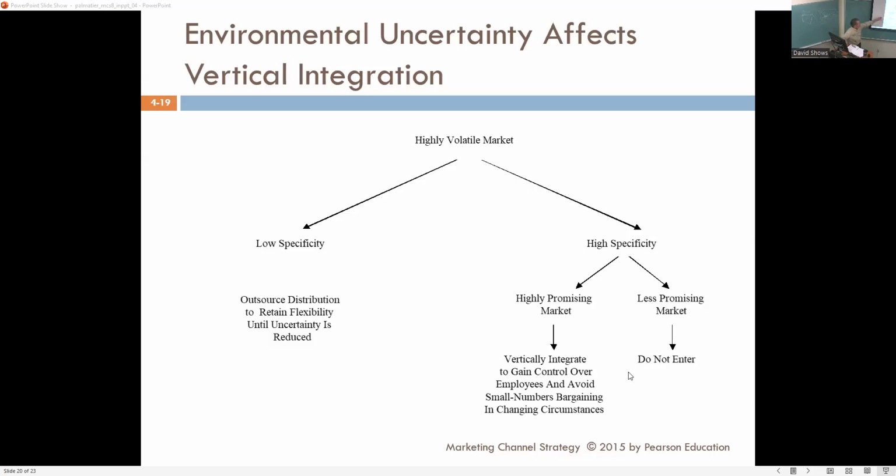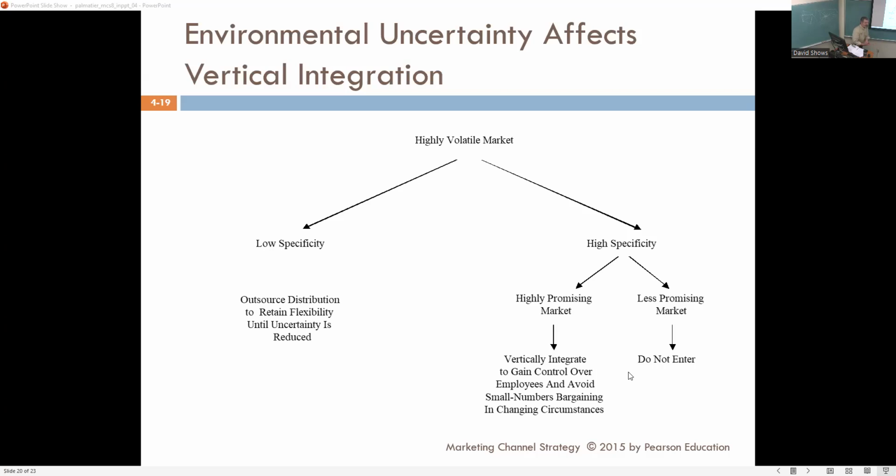So, with a highly specific product and a promising market, a new place to put their sales, they want to integrate, because in an uncertain time you want to have as much control as you can. You want control over the channels, the employees.